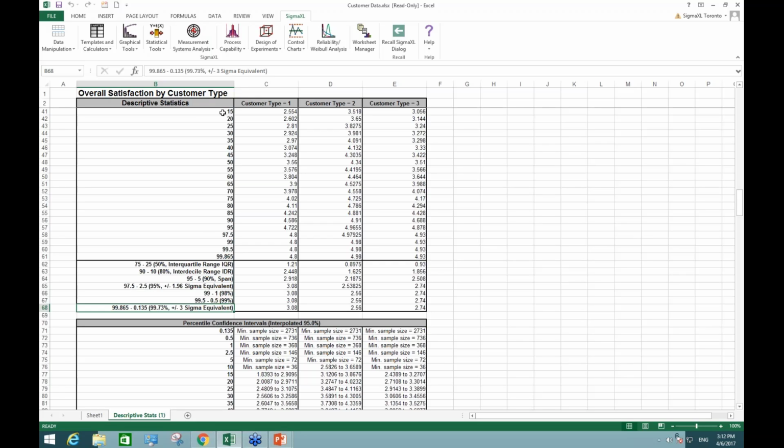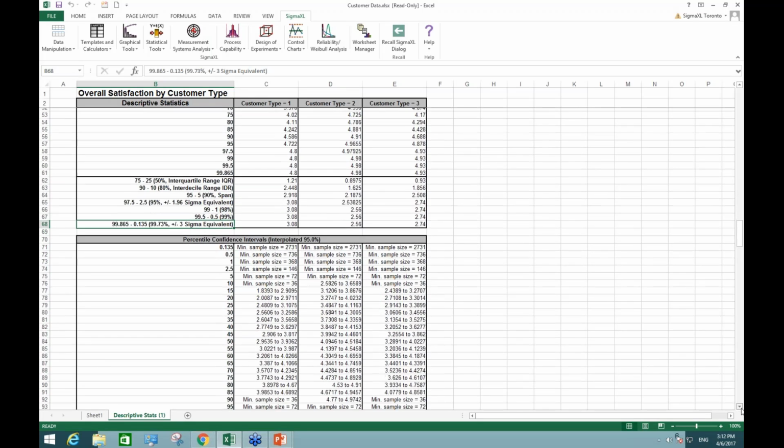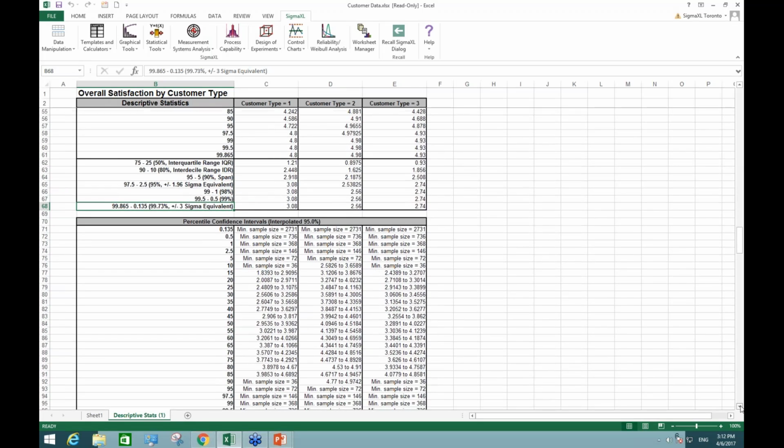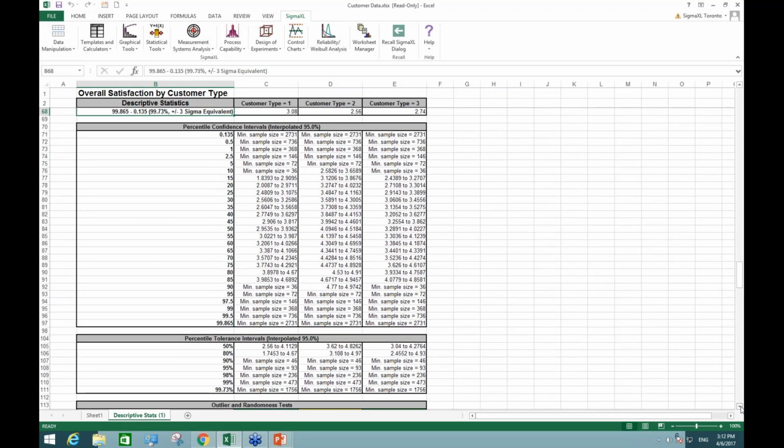Okay, so you have your various percentile values, your percentile ranges, and then we move into the percentile confidence intervals. Now, I'm going to talk about the difference between exact and interpolated in a bit. Because you are dealing with a non-parametric calculation, you cannot get exactly 95%.